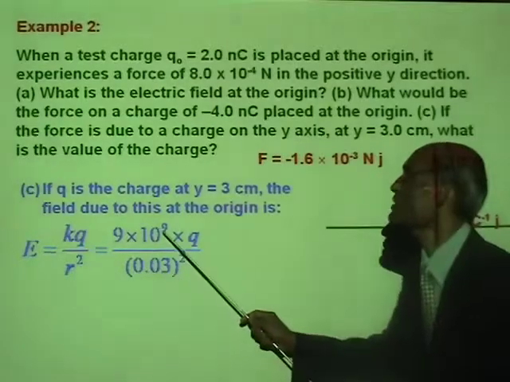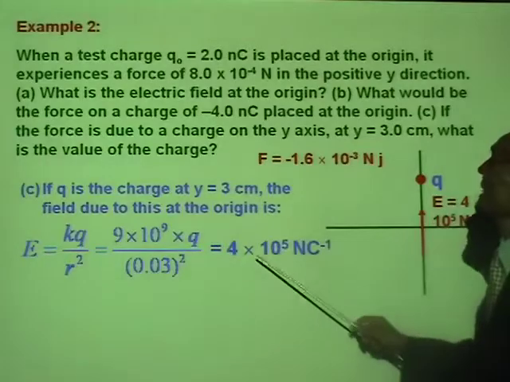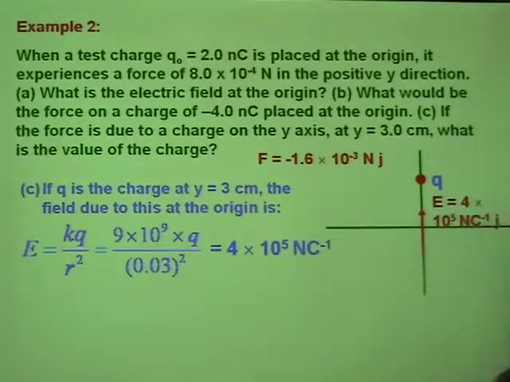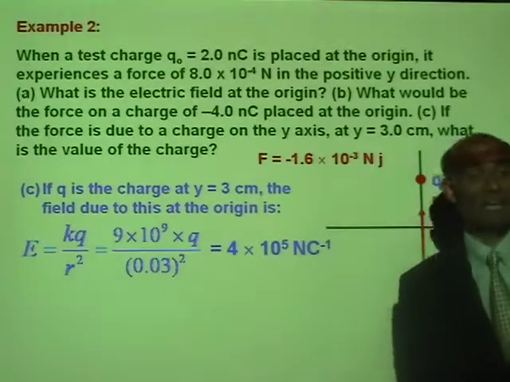It will be KQ over R squared. That will be 4 times 10 to the 5 Newton per coulomb. In fact, that is the electric field we had in the beginning.